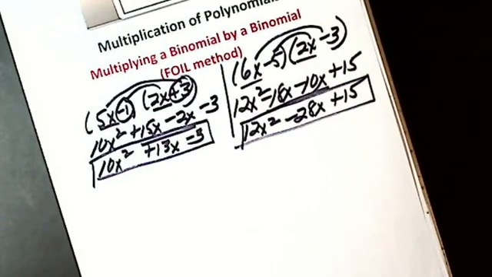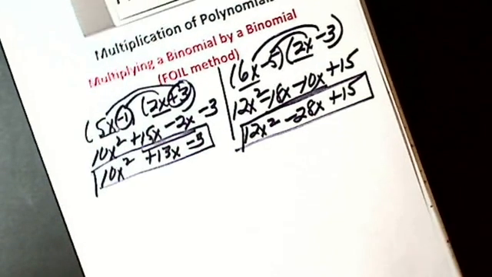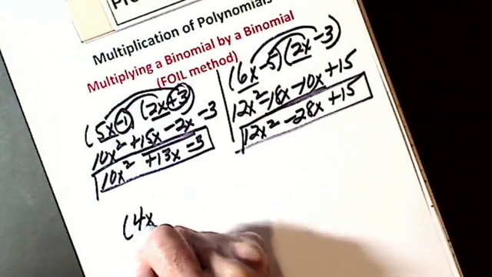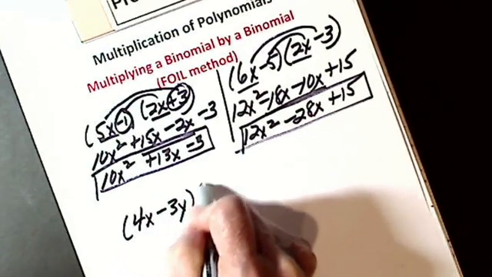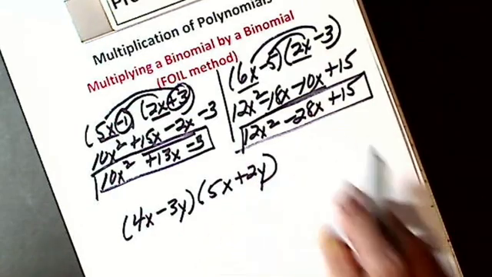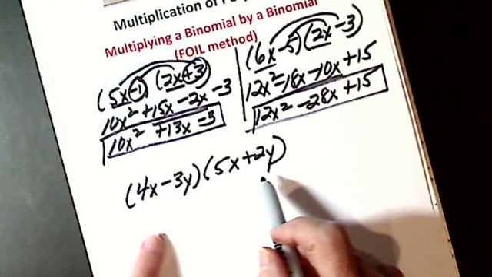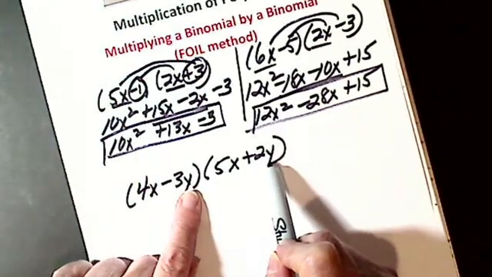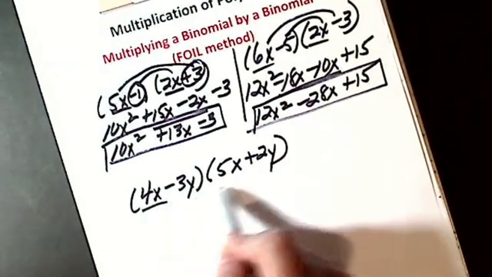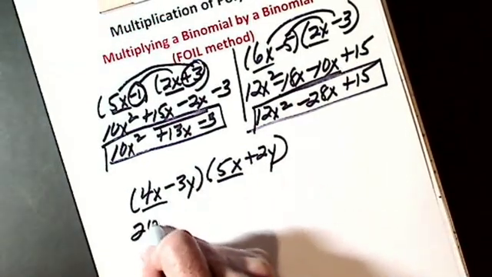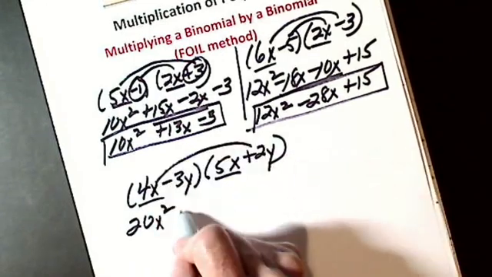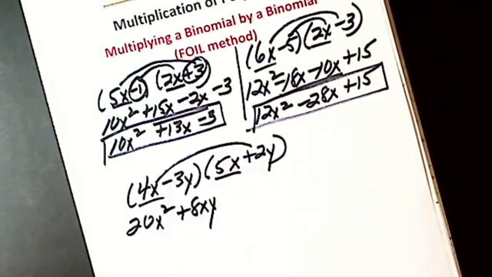The hardest one, all we have to do is add an extra letter. Let's say I have 4x minus 3y times 5x plus 2y. So the only difference is we added an extra letter. Process is the same. I multiply my first, 20x squared. I multiply my outers, plus 8xy.